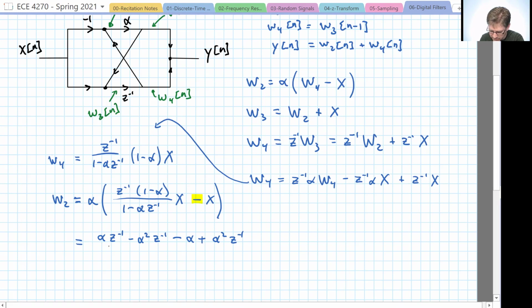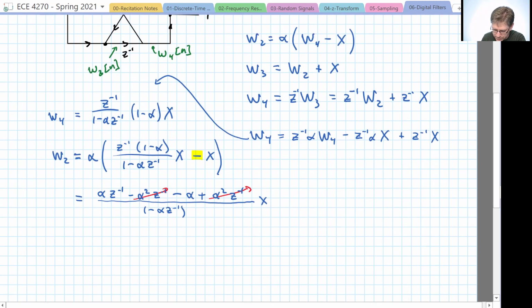So now we have alpha z to the minus 1 minus alpha squared z to the negative 1, and then we have a plus alpha squared z to the negative 1, so those two cancel out. And so w2 is now going to be, oh, and I guess we can't forget the rest. There's an x out there, 1 minus alpha z to the minus 1 here. So this is going to give us alpha, let's put it out front here, times z to the negative 1 minus 1 over 1 minus alpha z to the negative 1 times x.